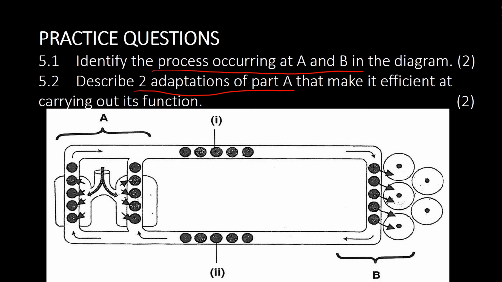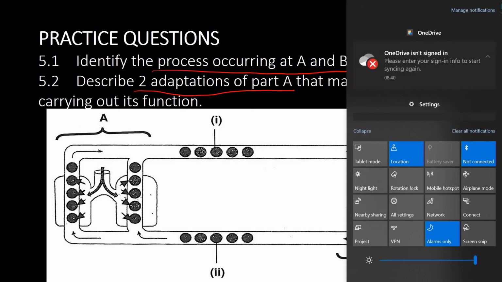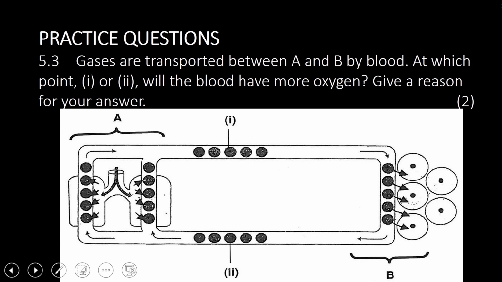Part A, lungs. And those are the same things we've come across before: large surface area, single layer of cells to enable gaseous exchange to occur quickly. So that's linking to your theory.